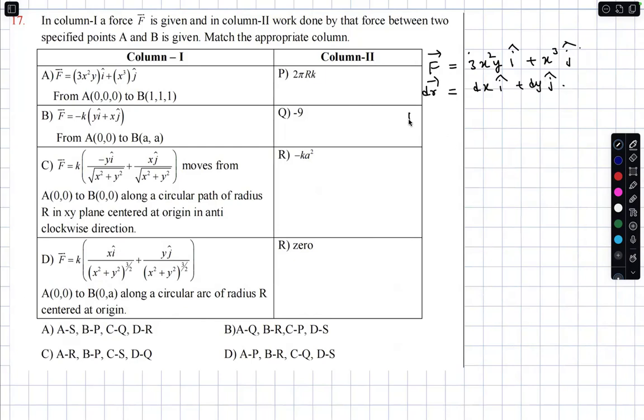So what is work? dw is F bar dot dr bar, 3x square y dx plus x cube dy.